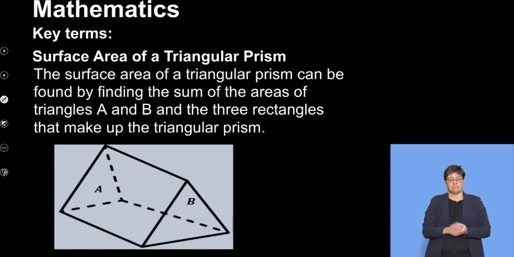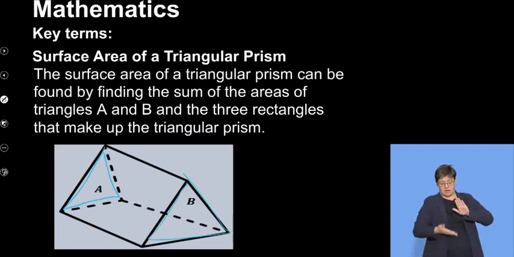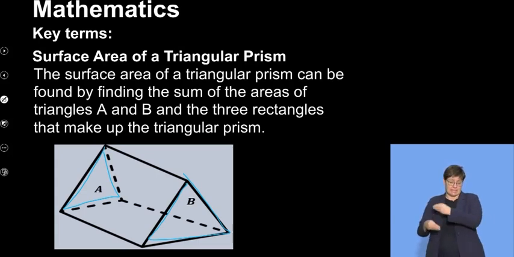Then we are going to lastly look at the surface area of a triangular prism. The surface area of a triangular prism can be found by finding the sum of the areas of the triangles A and B. So this is referring to the back triangle A and the front triangle B. And we add the 3 rectangles that make up the rest of the triangular prism.